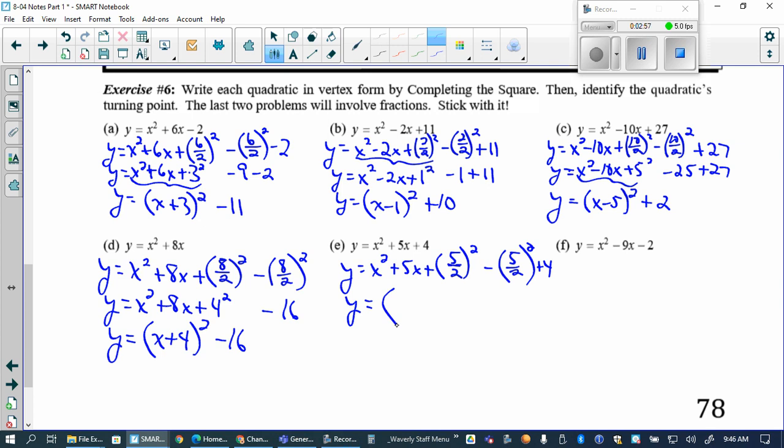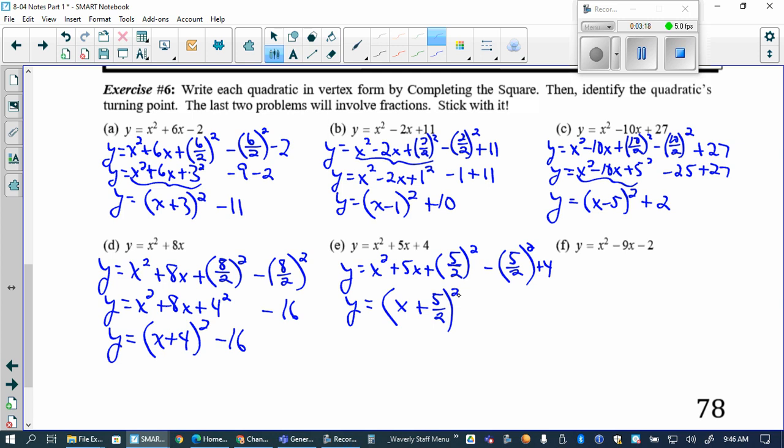Oh, x. Well, why don't you just leave it as 5 halves? Squared. Well, how'd you get 1? Where'd you get 1 from?